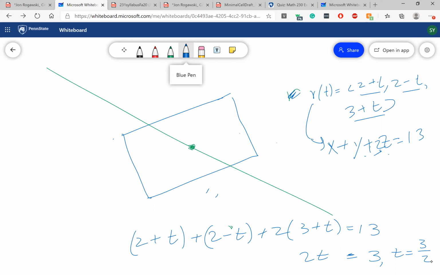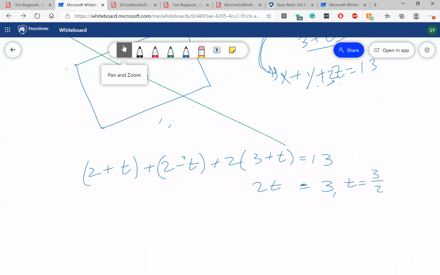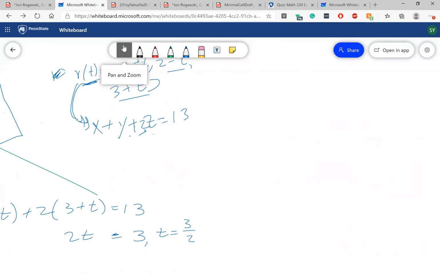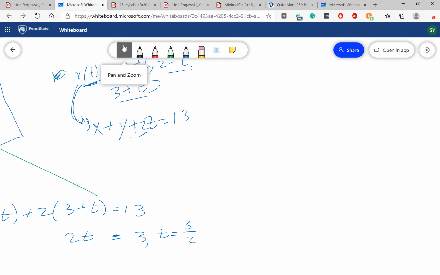Let's plug t into here and then plug that point into the plane just to make sure we did it correctly. Regardless, we need to plug t into r of t to find the actual point.